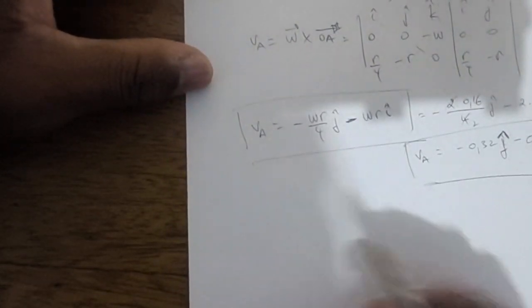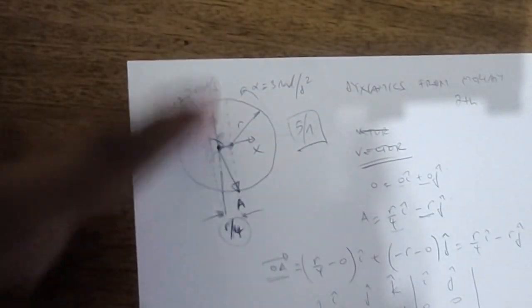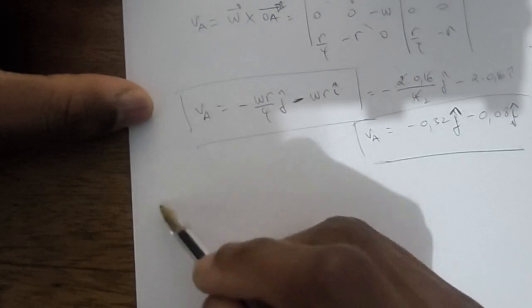What we can compute now is the instantaneous acceleration at the point A. For that, we also know that, especially when we have a circular disk, the instantaneous acceleration will have two forms to calculate.